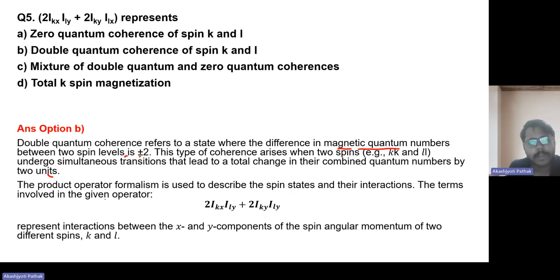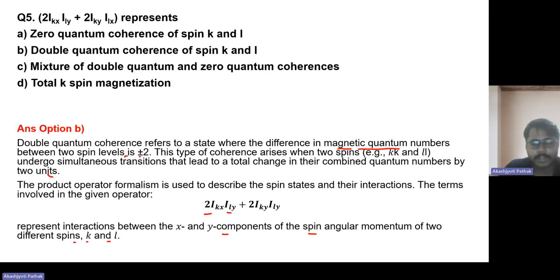So the terms involved in the given operator, as per the question, are 2IkxIly plus 2IkyIlx. It represents interactions between the x and y components of the spin angular momentum of two different spins, K and L.